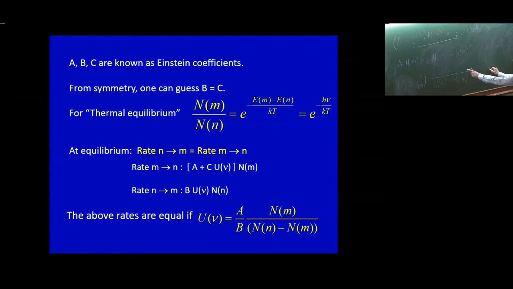Let us divide by Nm. So keep A over B as A over B into 1 divided by N over M minus 1.